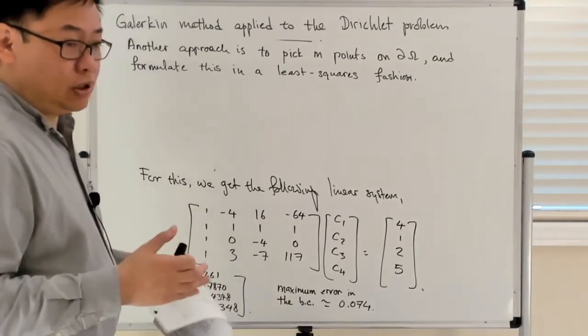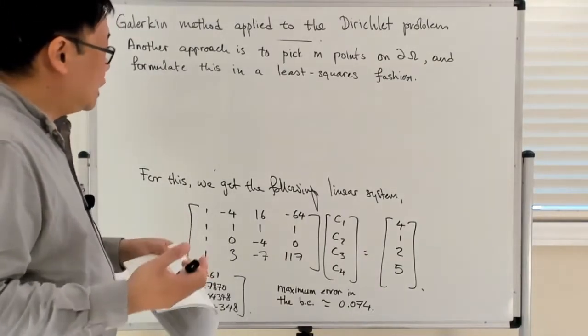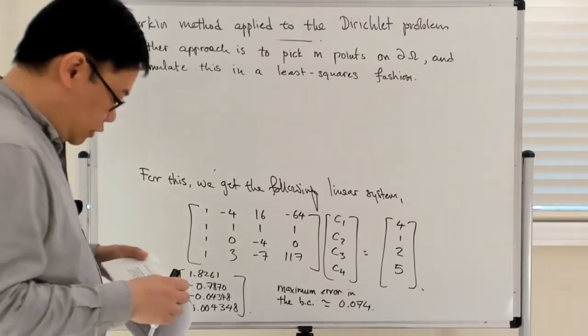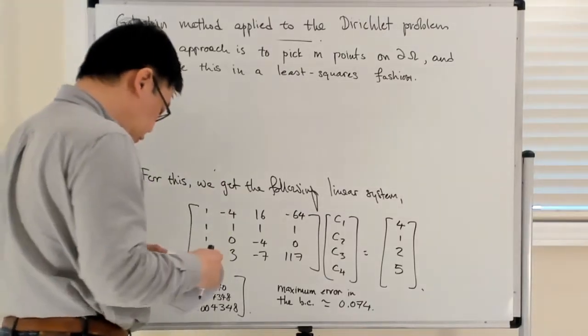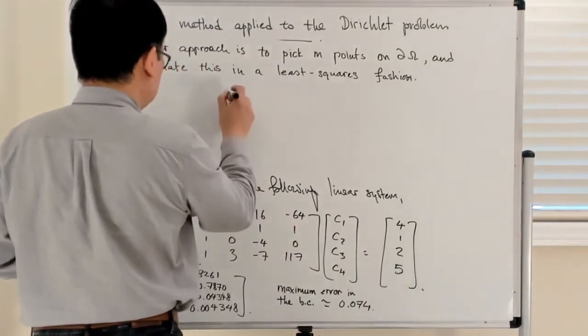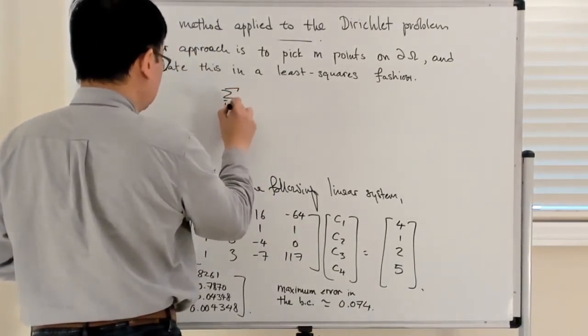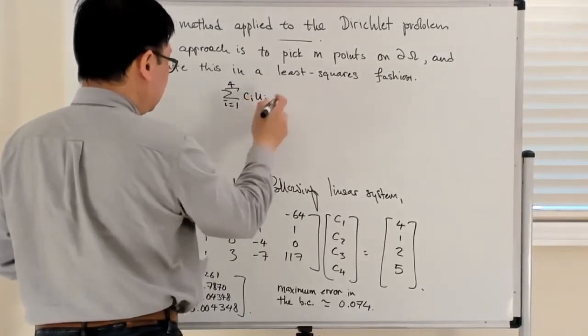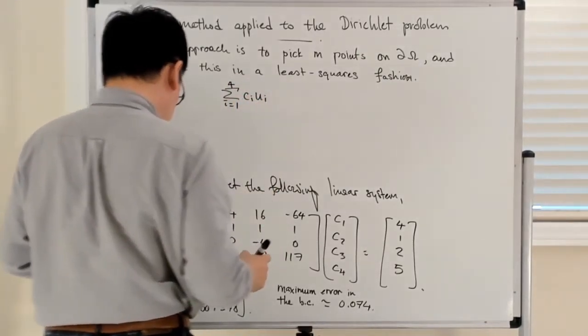And in those situations, what you oftentimes do instead is take a least squares approach, where you try to minimize the error at those m points. So what we're going to do is take this linear combination from i equals 1 to 4 of Ci ui.